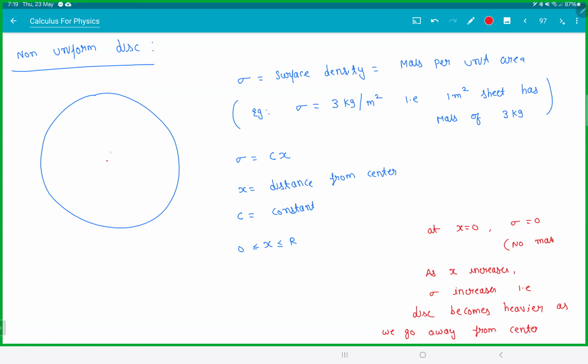Meaning maybe someone made this material now with wood. Then maybe someone made it with copper. Then maybe someone made it with iron. So if you see, the disk is becoming heavier as you go out.